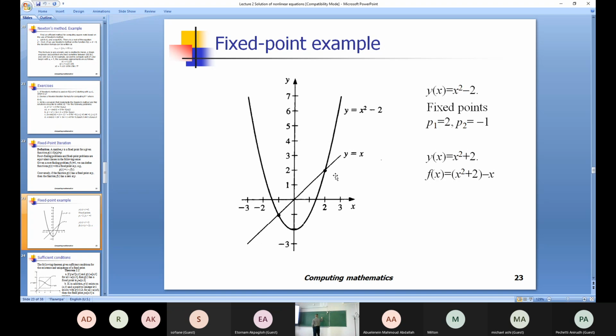f of x equals x squared minus 2 and minus x.